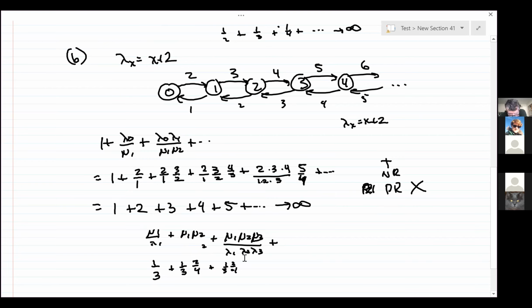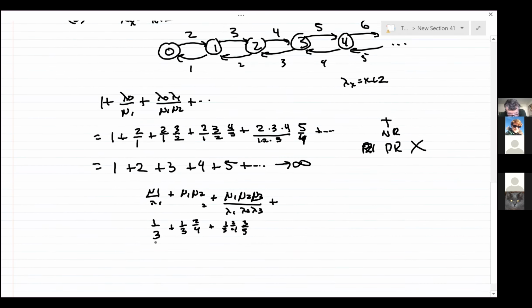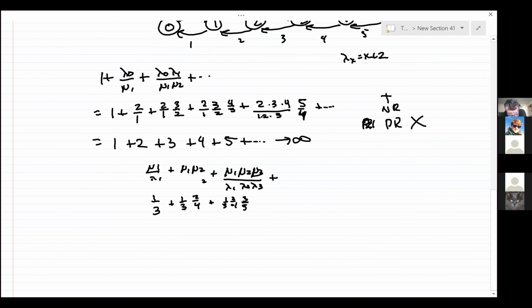Okay, so again, looks harmonic. 1/3 here. These cancel, 1/4 here. I gotta be careful. U1 was 1/3, so that's fine.